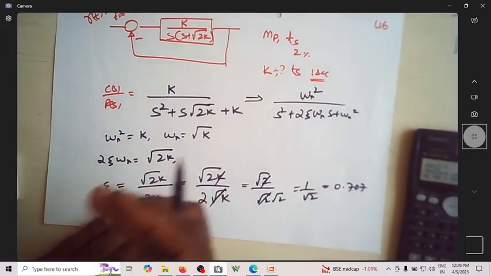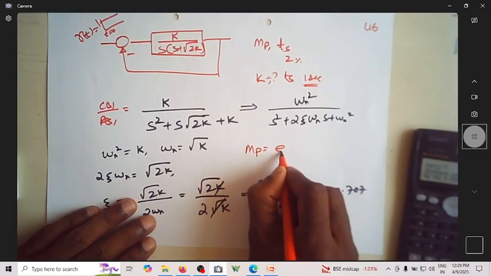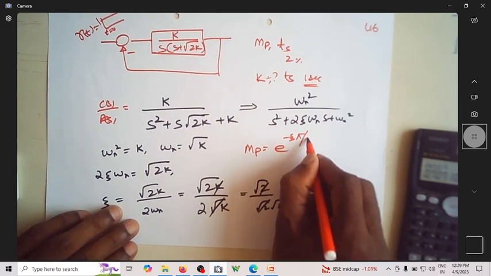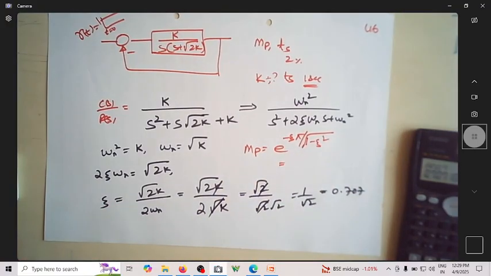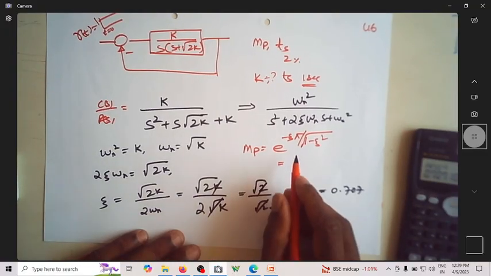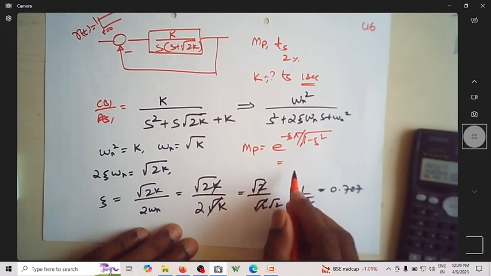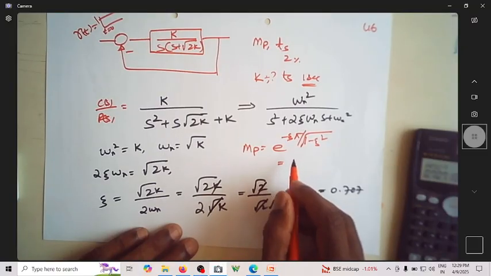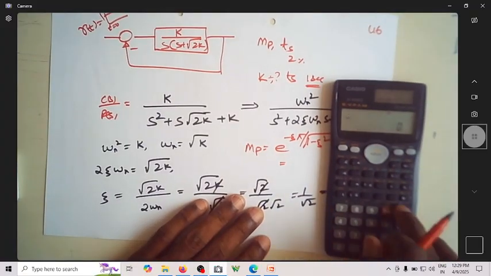If you know ζ, you know how to find Mp. So what is Mp now? Mp is given by e power minus ζπ by the root of 1 minus ζ². Let me just find out.